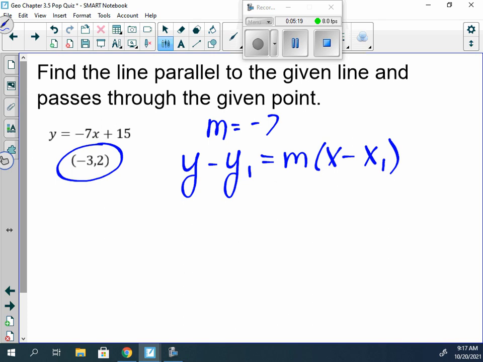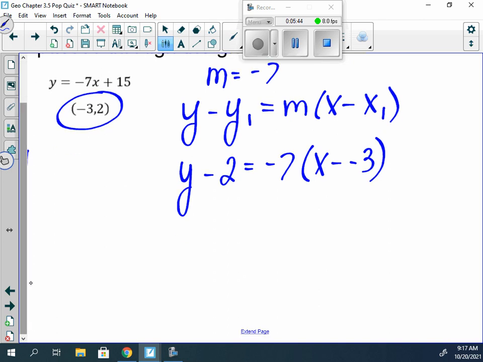Well, we know that the point is (-3, 2). Well, the y value of the point is 2. The slope is -7. So y minus 2 equals -7 times x minus -3. Here a negative and negative make a positive.